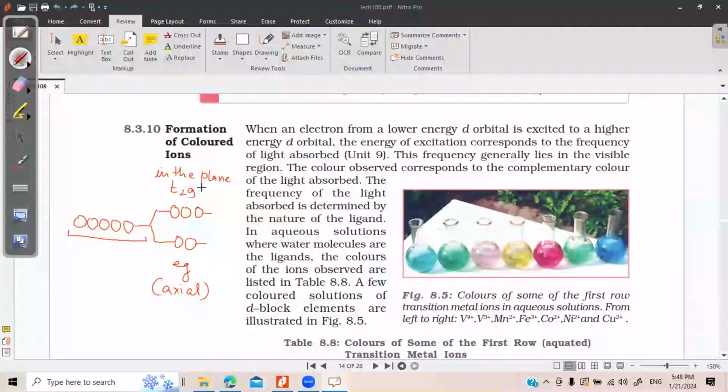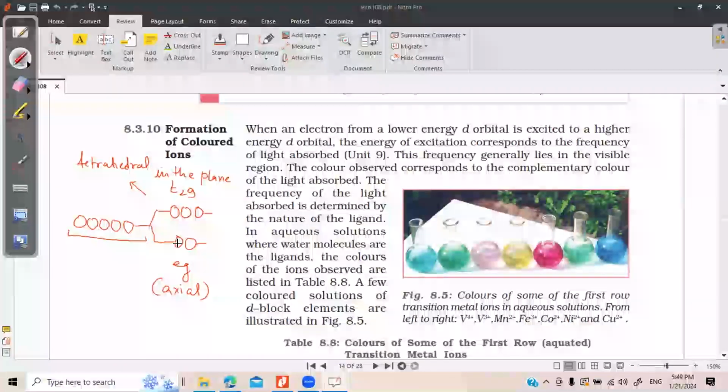In which case does t2g take a higher energy level? In a tetrahedral structure, and we will study tetrahedral complexes. And eg takes the higher level when octahedral compounds are formed.